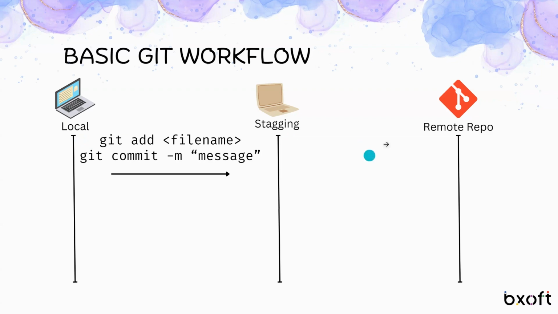But the remote repository will only see the changes that are available in the staging stage. So first of all, I will add the changes that I want to push to the staging layer. For that, I will use git add and the file name, and this file will be available in staging.